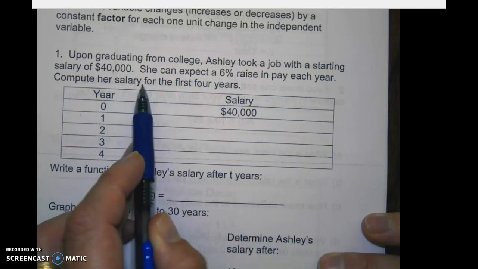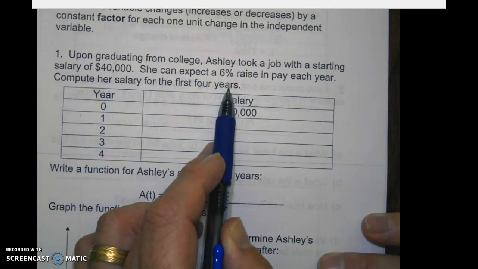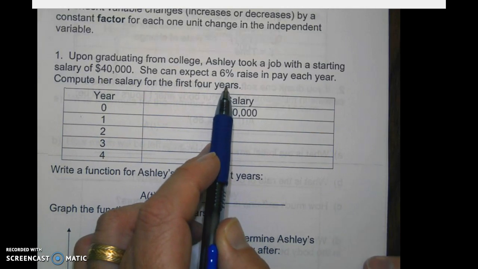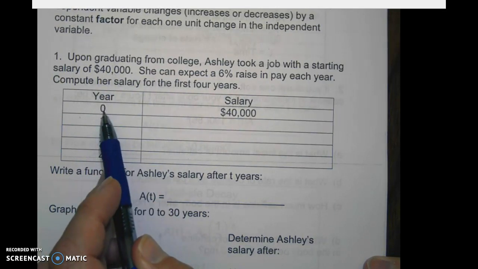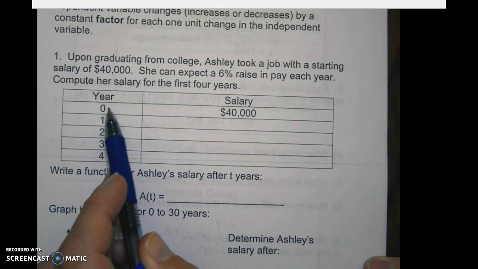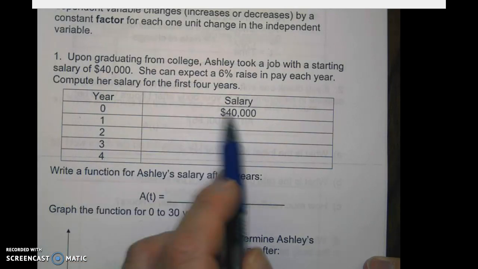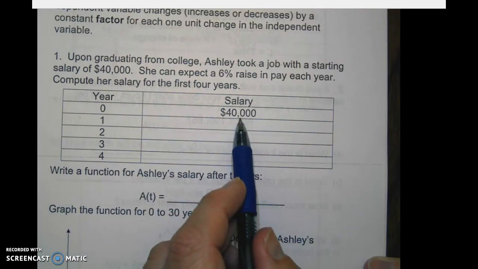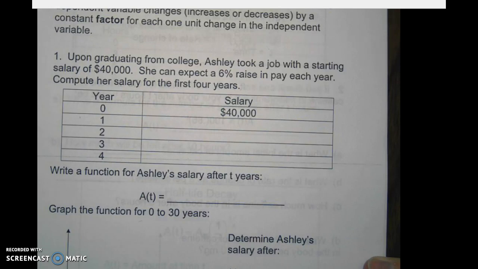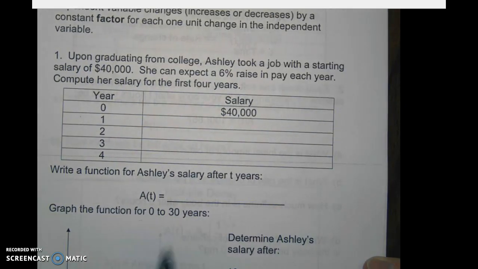Calculate her salary for the first 4 years. So obviously, her starting salary is $40,000. So at year 0, so no time has passed, they started her off at $40,000. So this is going to go in for our starting amount, our initial amount.